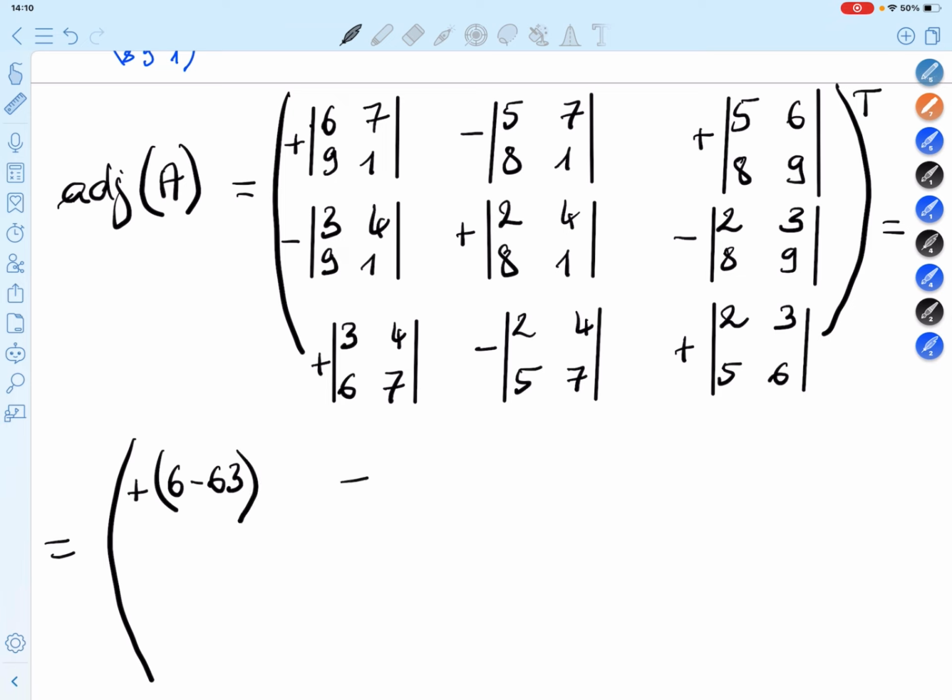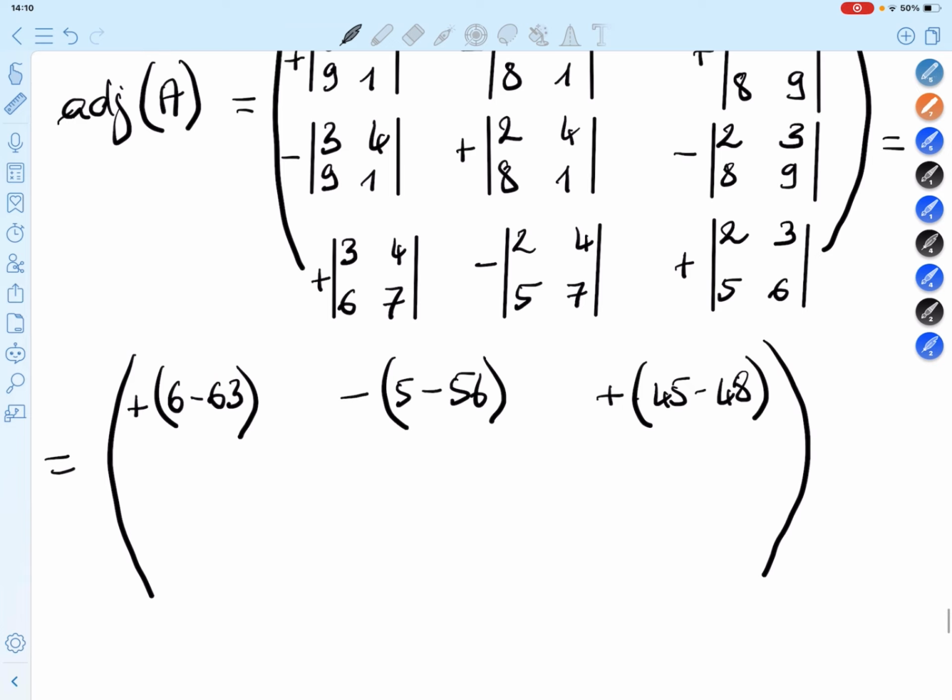Then we put minus here, 5 times 1 is 5, 8 times 7 is 56, then plus 5 times 9 is 45, then 48, minus 8 times 6. We don't have to forget the transpose that we're going to do at the end.